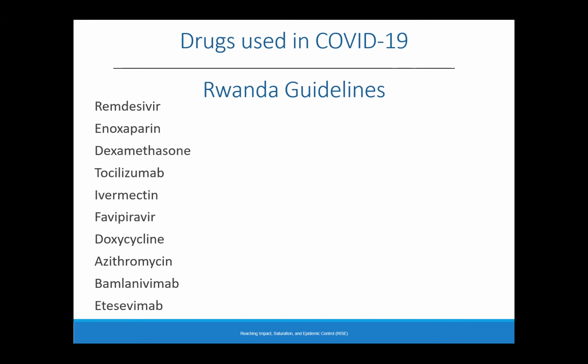In some cases we had to mix both BAM and ETE. In the early phase of disease where oxygen is not needed, we used favipiravir. We also used azithromycin, bronchodilators in some patients where needed, and antipyretics.